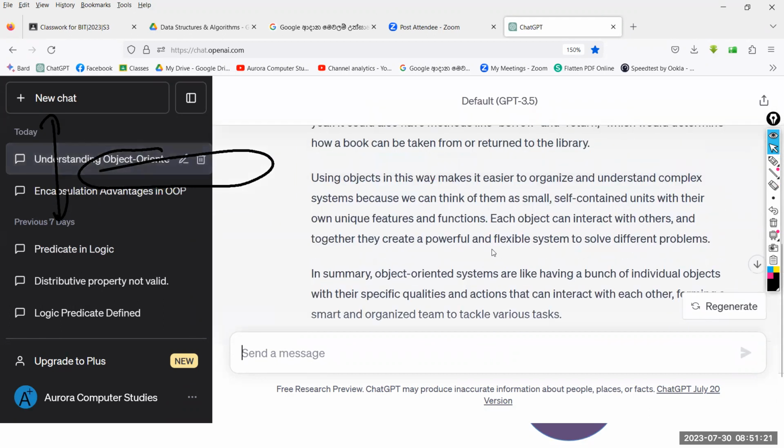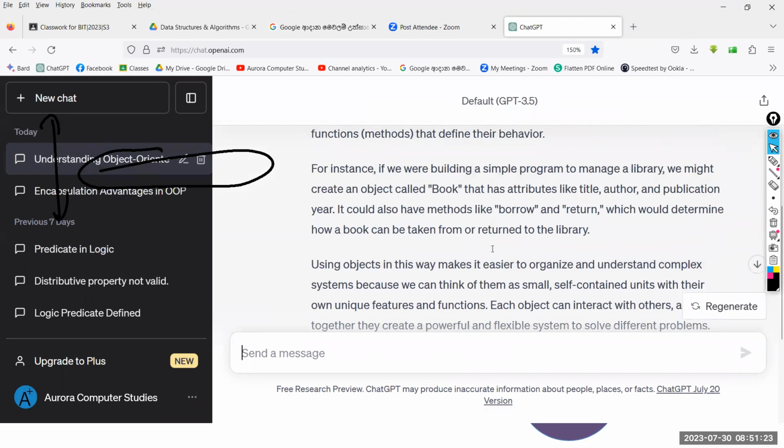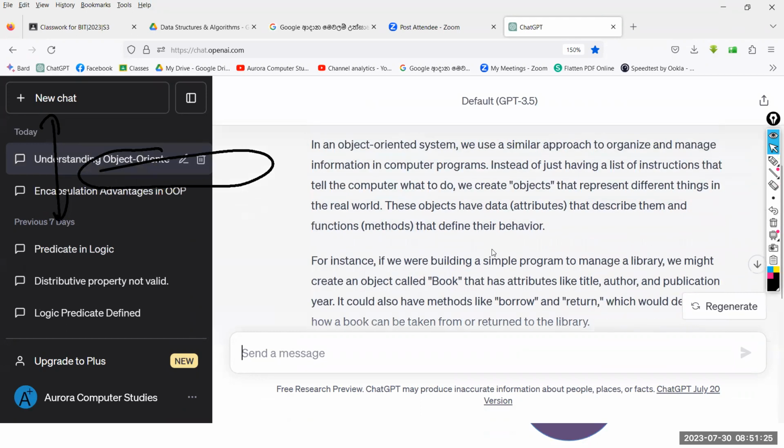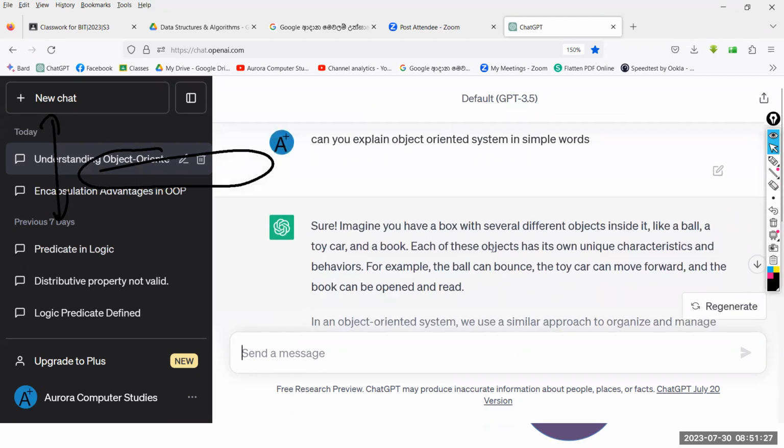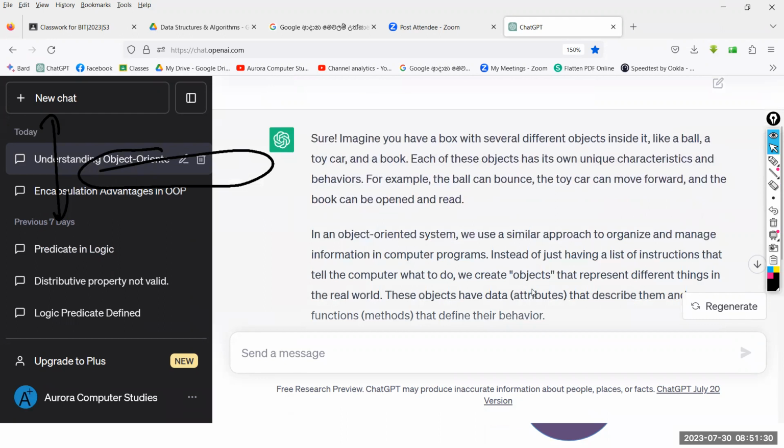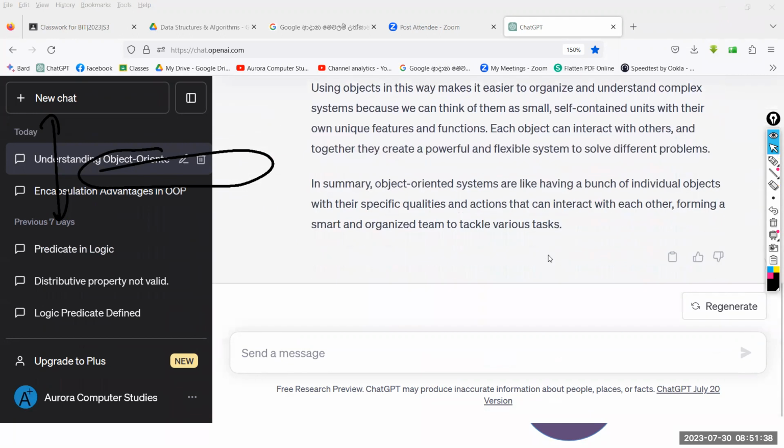You can see the words objects, attributes, right? Methods. What else? Let's ask Google Bard also.